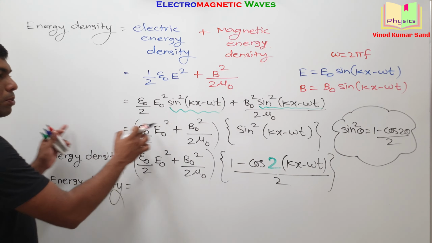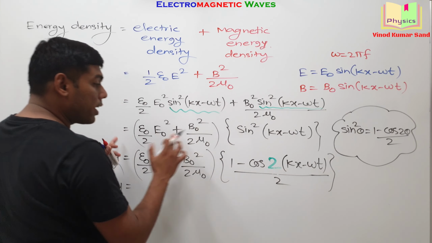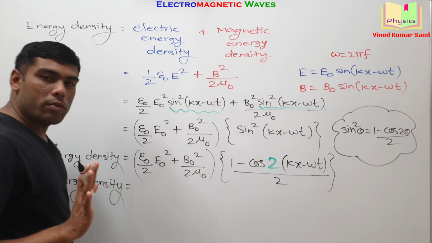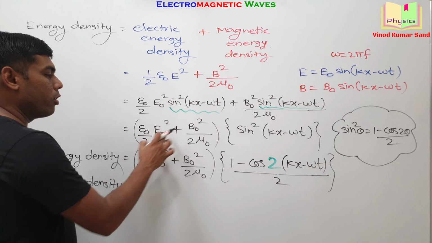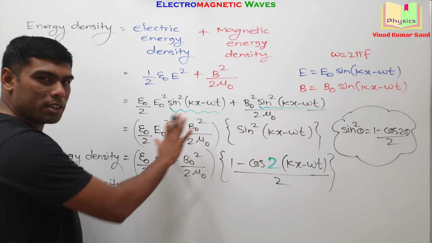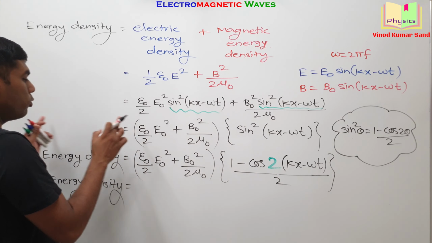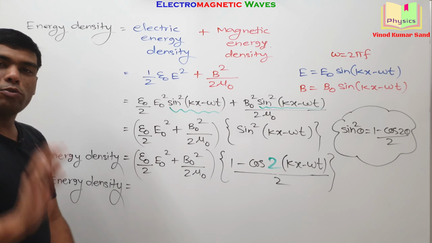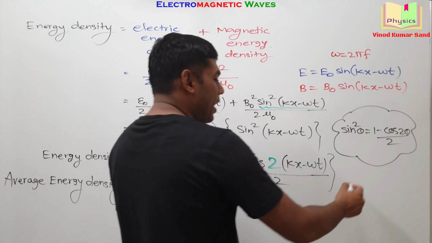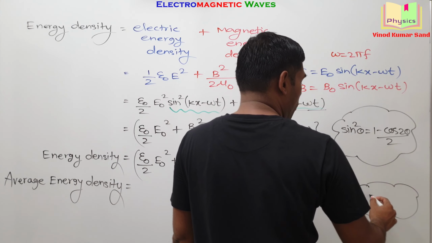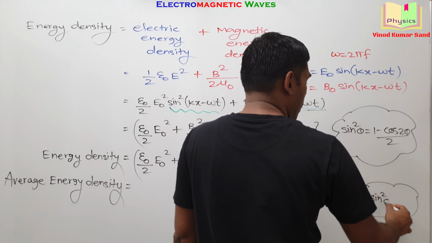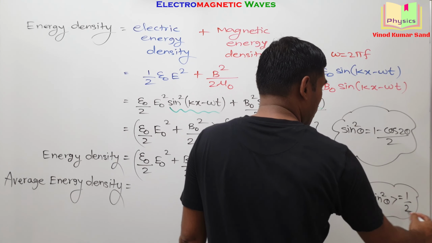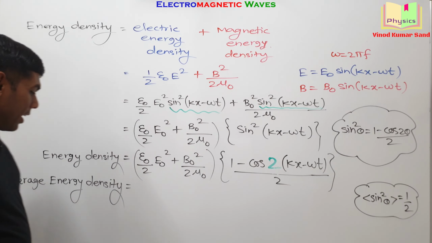Here we have the expression of the energy density, and to take the average of that expression, we have to take the average of the sine square function, because epsilon naught, E naught, 2, B naught, mu naught, everything is constant. So if you wish the average of this function, you need to take the average of the sine square function. And in trigonometry, we have already seen that for a complete cycle, the average value of the sine square function comes out to 1 by 2.